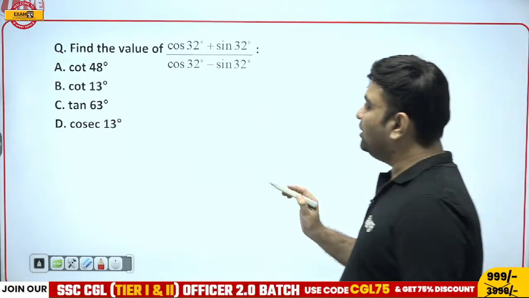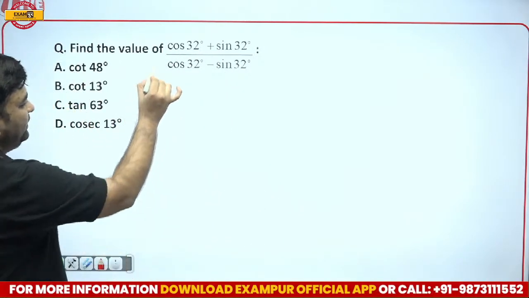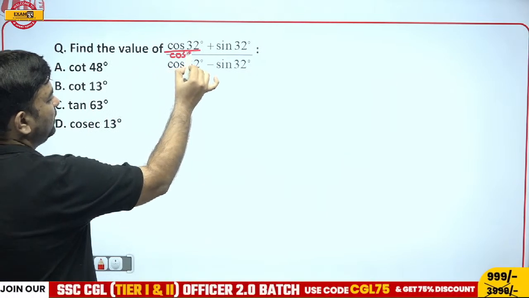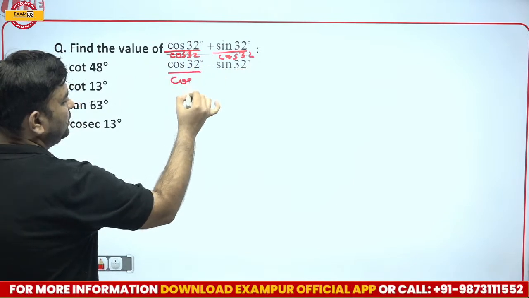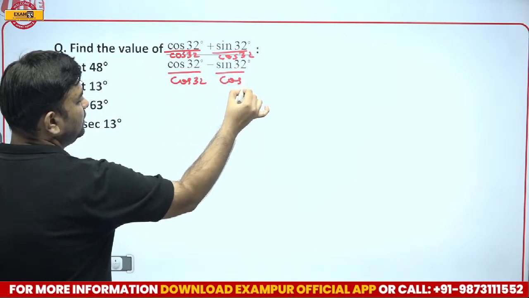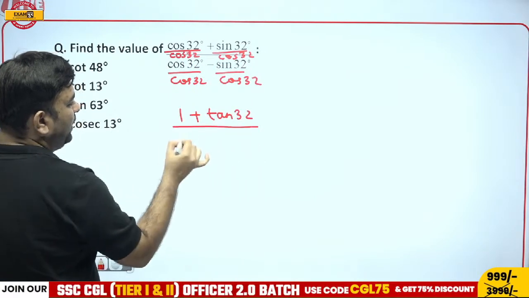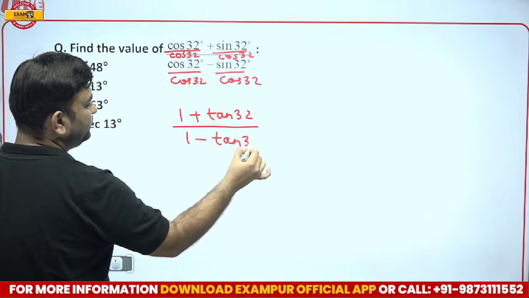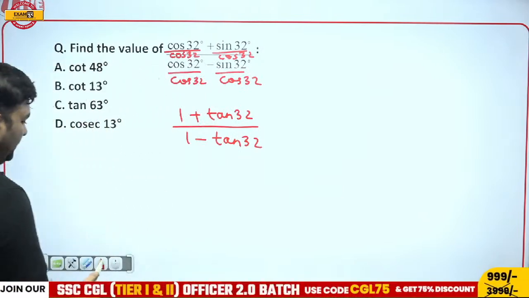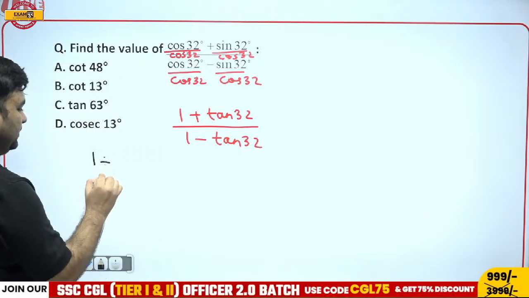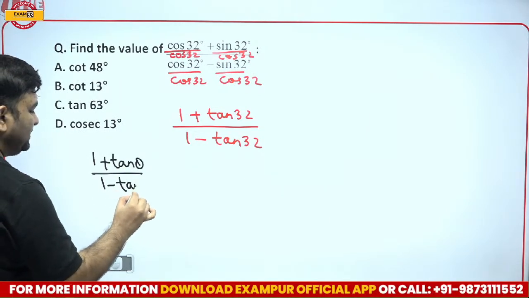Divide by cos 32 everywhere. So it will become 1 plus tan 32 upon 1 minus tan 32. I told you that (1 plus tan theta) upon (1 minus tan theta) is tan 45 plus theta.